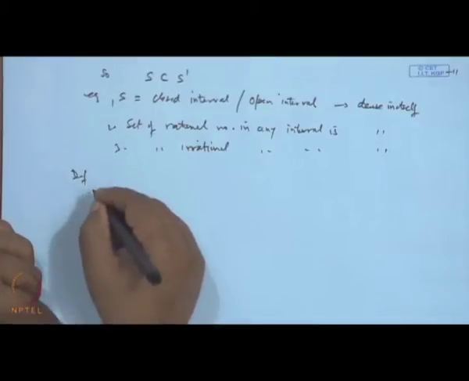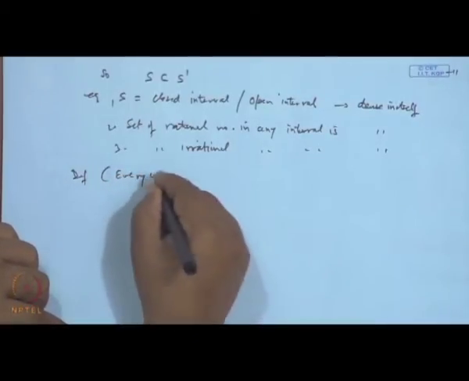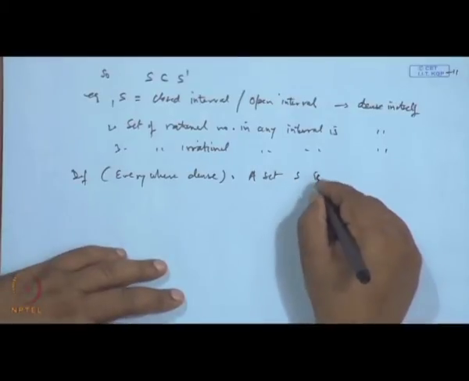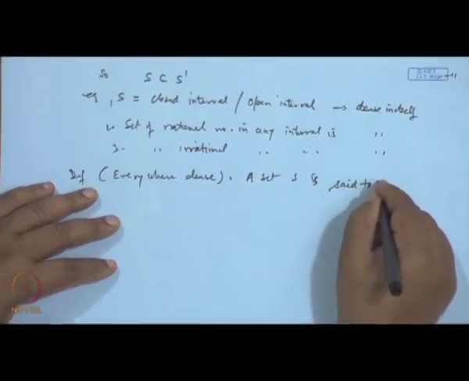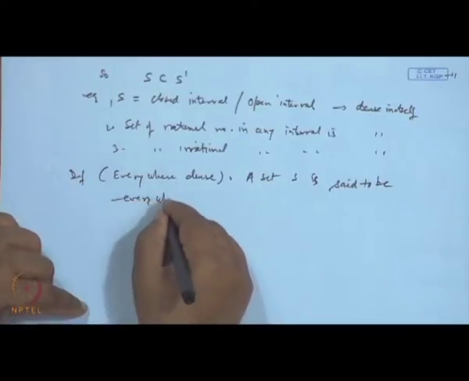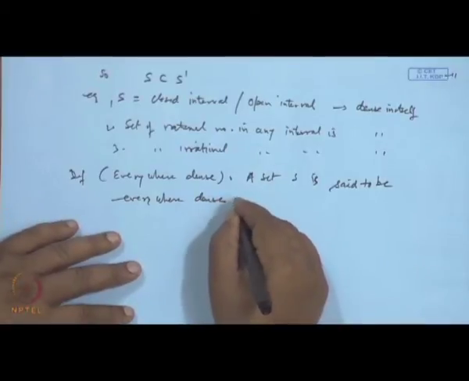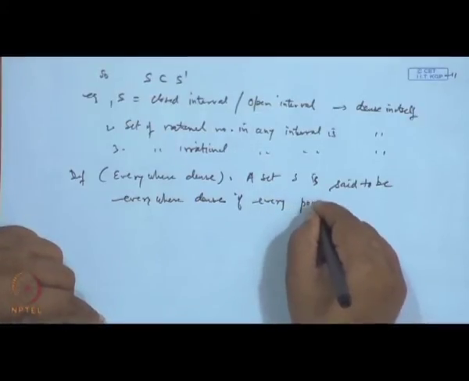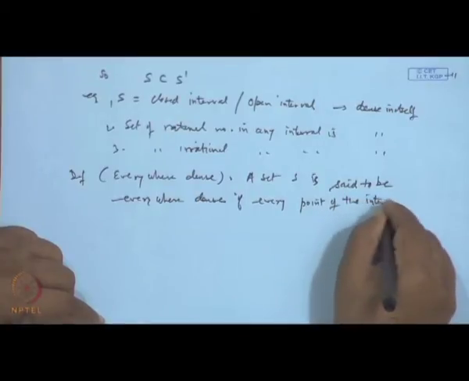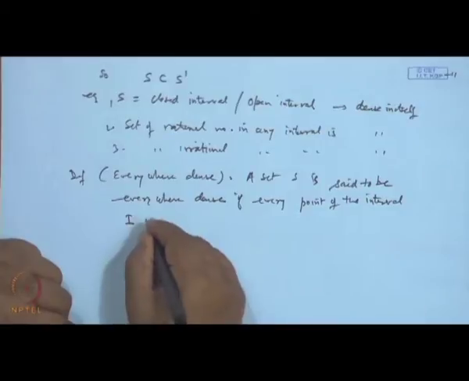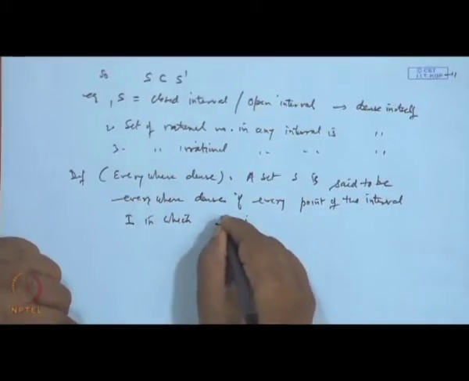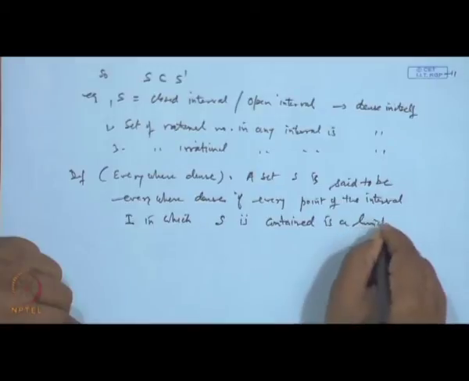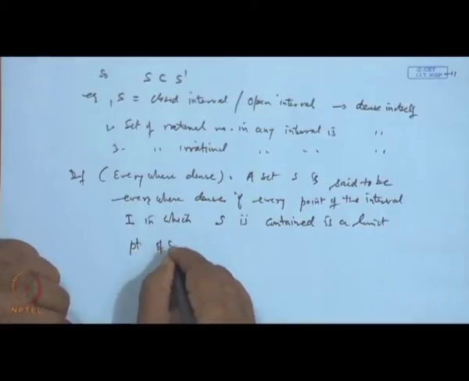Now, we define the everywhere dense set. A set S is said to be everywhere dense if every point of the interval I in which S is contained is a limit point of S. Means what?